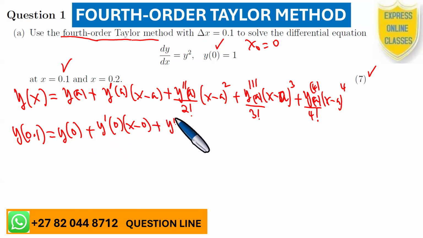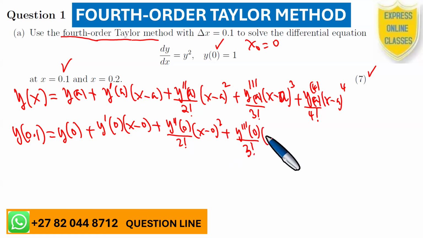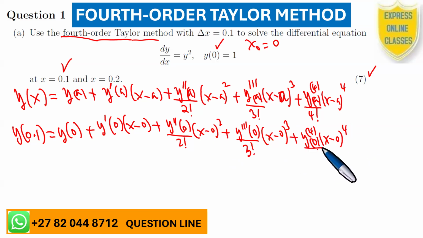Then y double primed at 0 over 2 factorial, times x minus 0 squared. Then y triple primed at 0 over 3 factorial, times x minus 0 cubed, then the fourth derivative at 0, times x minus 0 raised to the fourth power, divided by 4 factorial. Which means y at 0.1 is equal to y at 0. What exactly becomes y at 0?